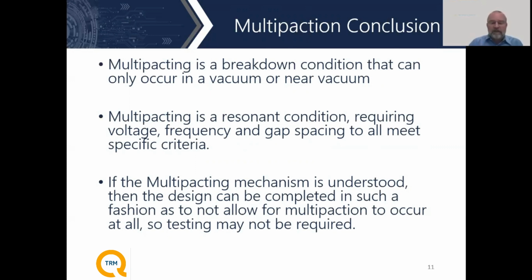I can't stress that enough. It's very important when you're designing parts for spacecraft that you avoid these sorts of gaps, as well as gaps in materials that allow for this resonant condition to happen.